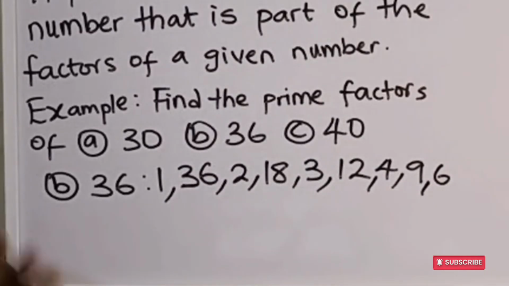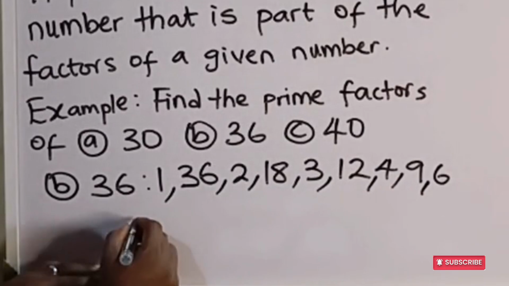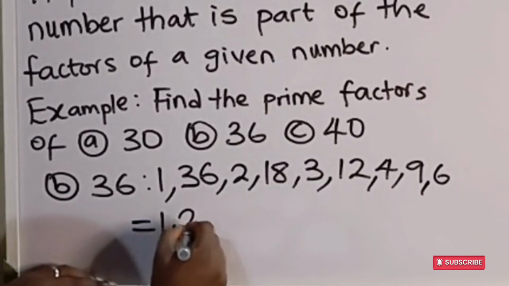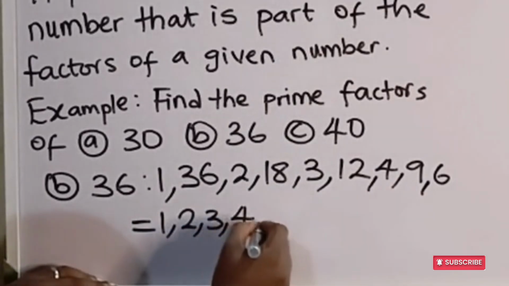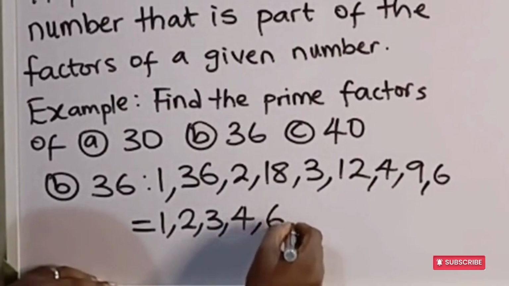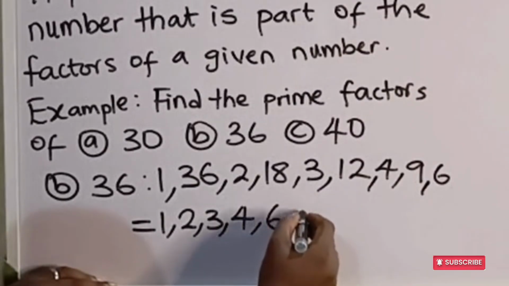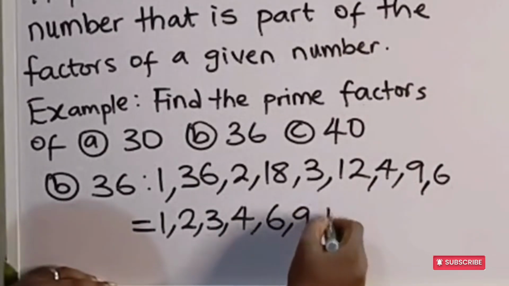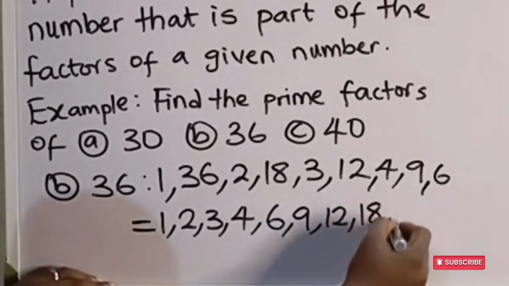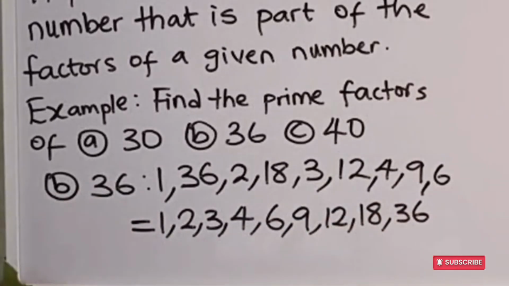So let's write them down from smallest to largest: 1, 2, 3, 4, 6, 9, 12, 18, and 36. All these are the factors of 36.